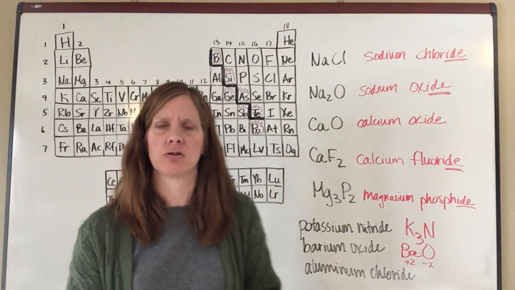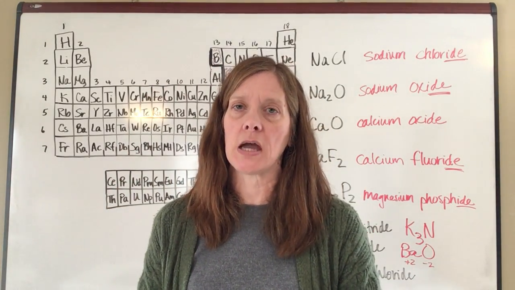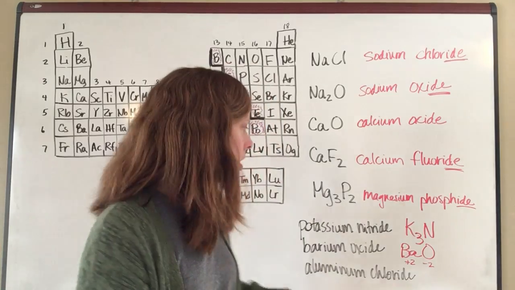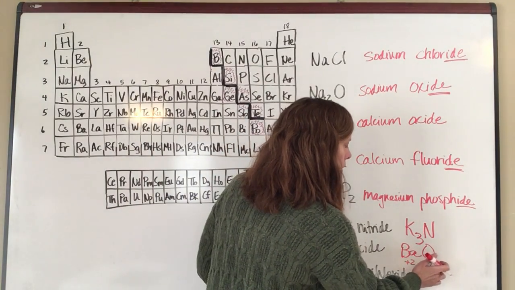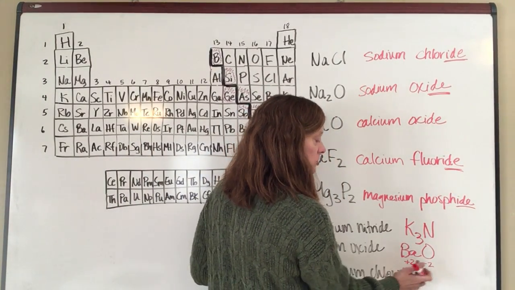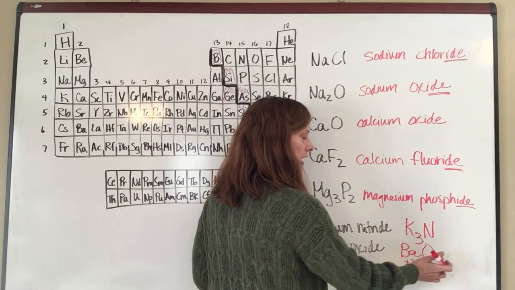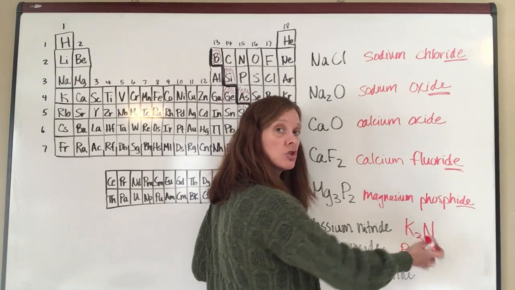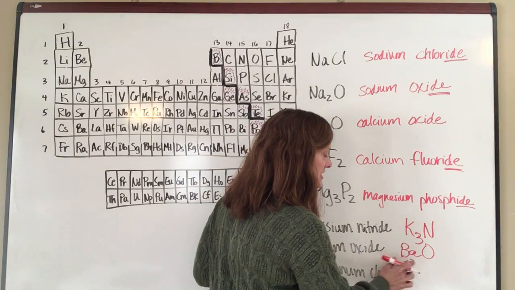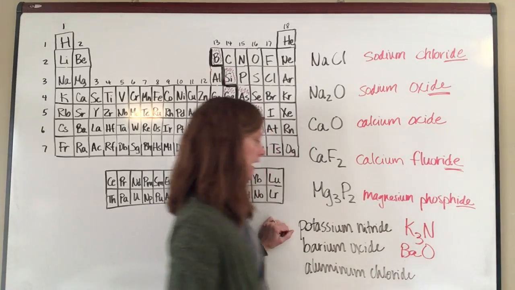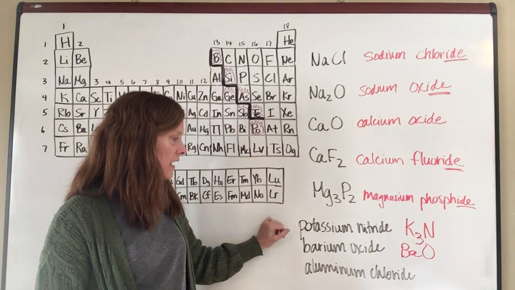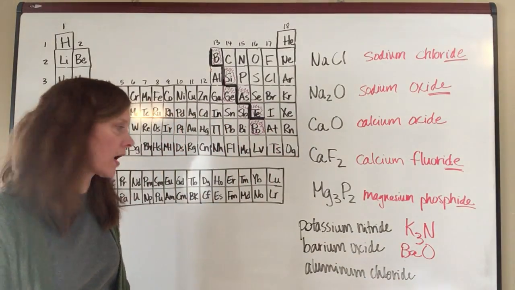It's kind of like fractions. You know, your teachers always tell you make sure that you reduce your fractions. So I don't want a Ba2O2. I want just 1 of each because the barium has 2 electrons to give. The oxygen wants 2 electrons, so I just need 1 atom of each to make that. So barium oxide.